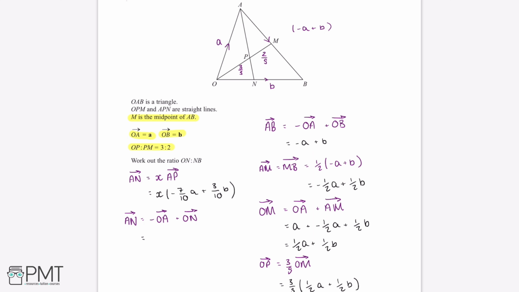So negative OA will be equal to negative a, and if OB is equal to b, then ON will be equal to y multiplied by b. So now we have two different paths of getting from A to N, and these two vectors will be equal to each other.